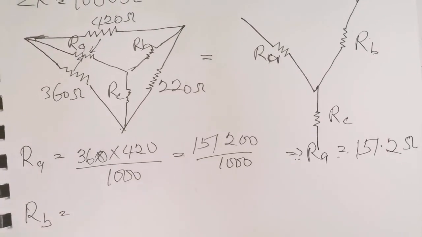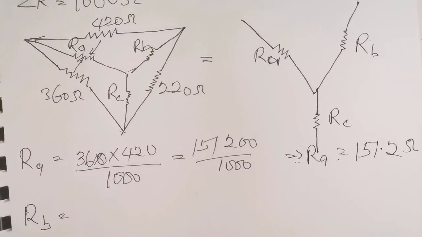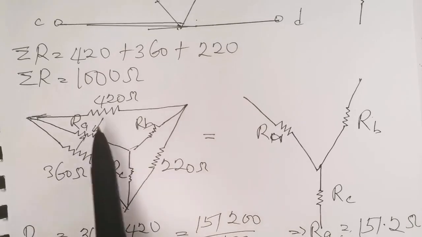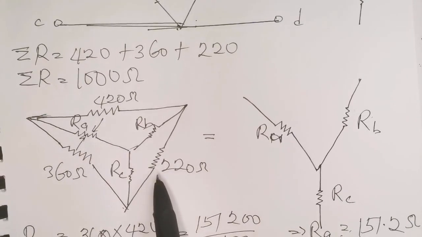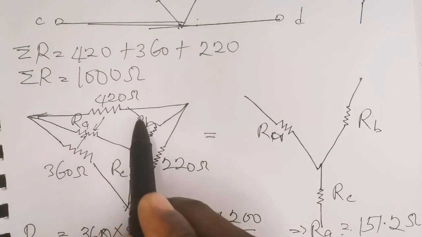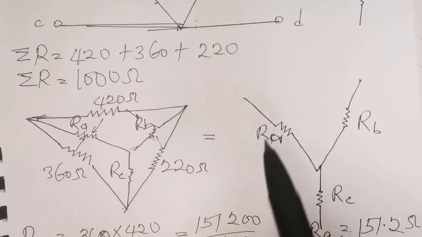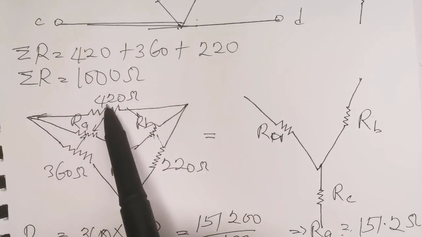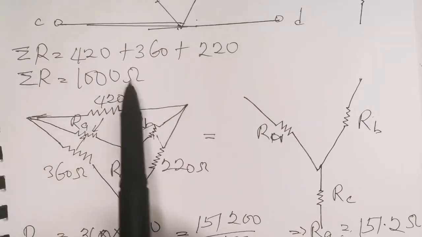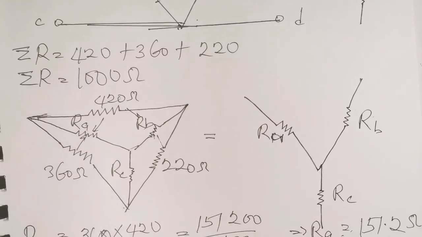So we move back to the diagram now. You observe that RB is lying between 420 and 220. So you identify the resistors between which the unknown lies. So I have these two. Find the product of these two resistors and divide by the equivalent summation which we obtained earlier.